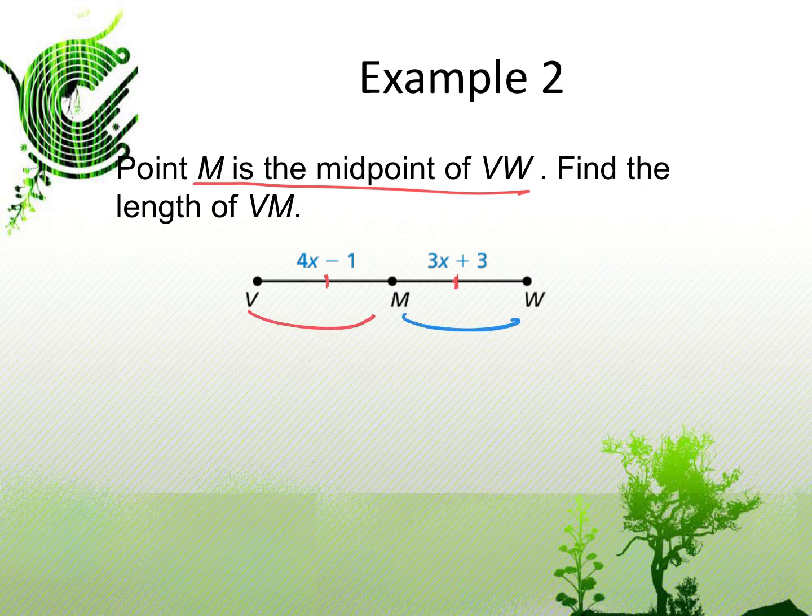And this is how I'm going to find the length of VM by setting these two expressions equal to each other. So I'm going to put VM is equal to MW, and I can do this because they had the congruency marks as well as they told me that it was the midpoint.